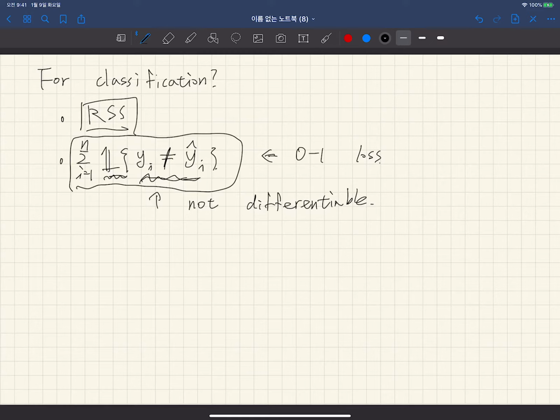So sometimes this non-differentiable property becomes very tricky when training your machine learning model. Also, sometimes it is very interesting when we can capture some similarity between classes. But with the 0-1 loss function, maybe this is not a good idea, because this just indicates whether it is true or not.